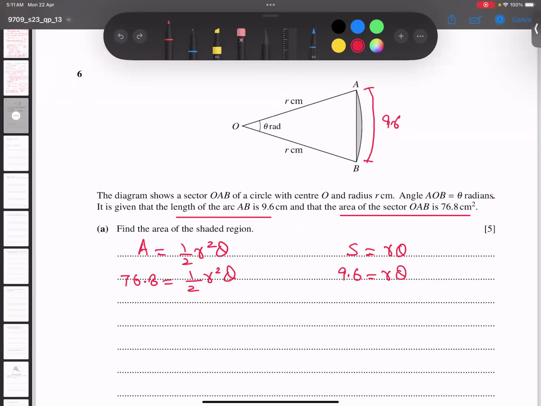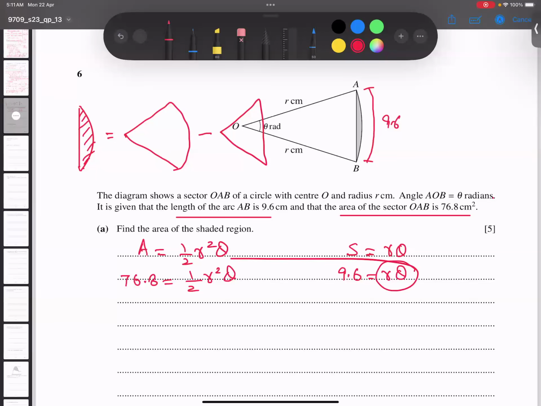How to get the segment area? Full sector minus triangle, because from the full sector, if you subtract this white region, the triangle area, we get the answer. I hope the idea is clear, but we need to eliminate these values. So let's see how we can find it.